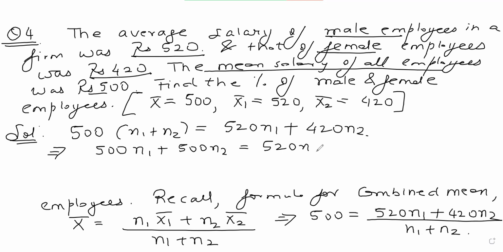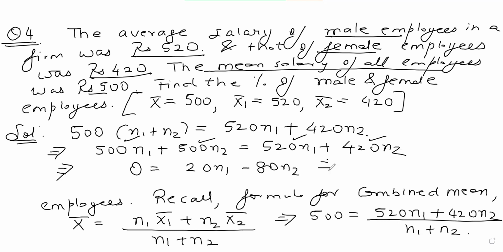I've just opened up the brackets on the left hand side. Now I can bring everything to the right hand side. So 0 is equal to 520 minus 500, which is 20 N1, and 420 minus 500 is minus 80 N2. So this implies 80 N2 is equal to 20 N1.